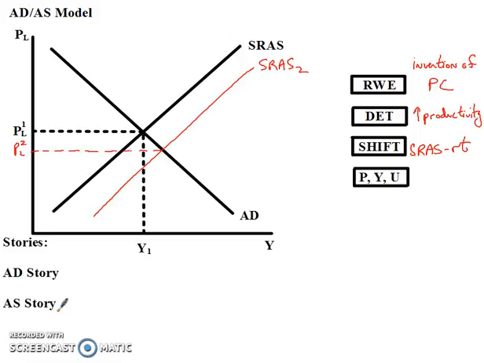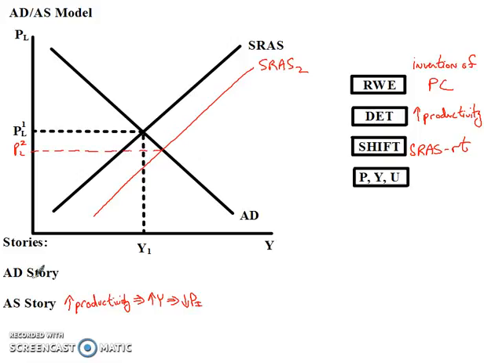So my aggregate supply story is increased productivity. That means more production, an increase in gross domestic product, and that's going to cause prices to decline as you have more goods and services.